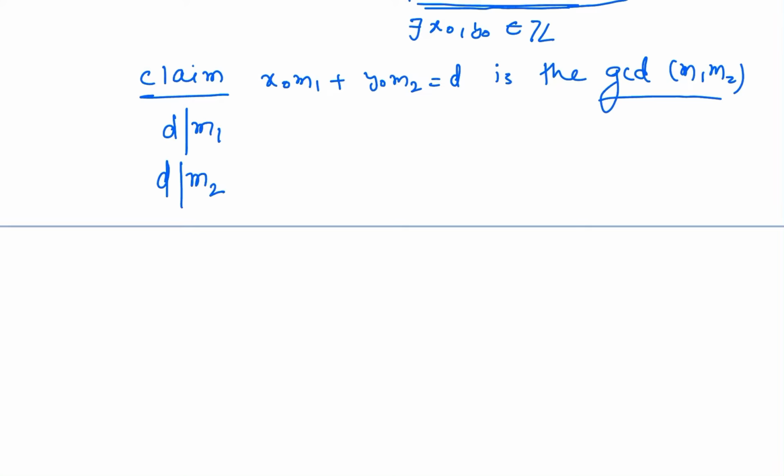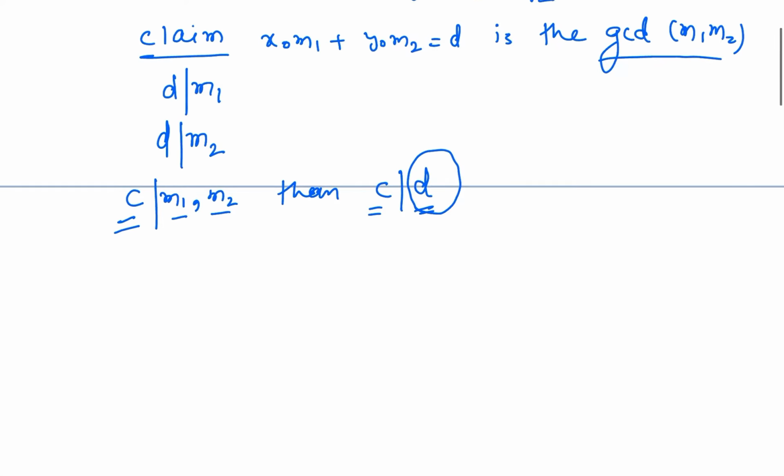Third, we need to prove that if any other integer C divides M1 and M2, then C divides D also. That means if there is any other common divisor of M1 and M2, then that common divisor will divide the greatest common divisor. That means D is the greatest common divisor. This thing we need to prove.